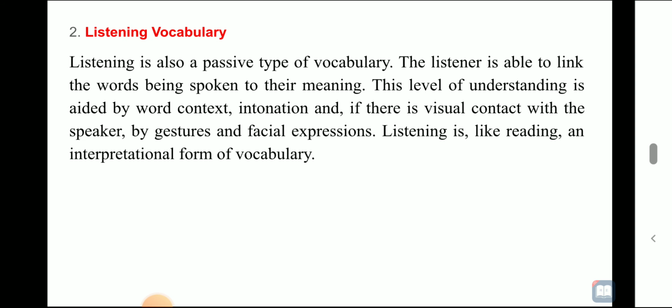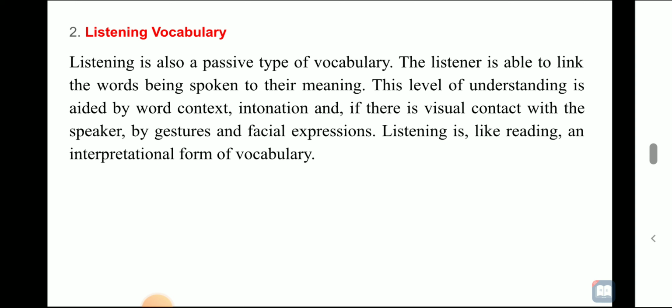There is listening vocabulary as well. When you are listening to any audio, any podcast, any specific speech, and you are not able to recognize the meaning of that specific content, then it means poor listening.